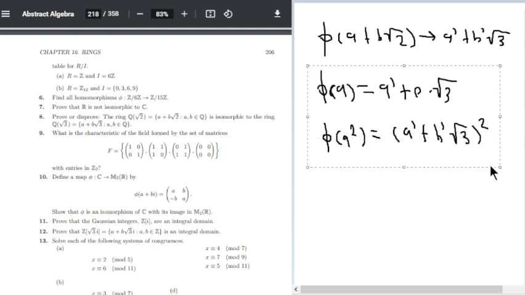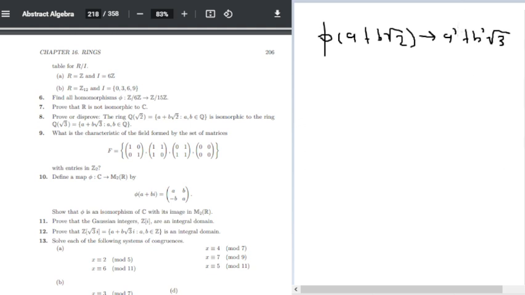Because I feel they're not isomorphic, right? Because square root of 2 satisfies... My brain is blanking hardcore. Okay. Oh, okay. I think I get it. So we have that phi of 1 will be equal to 1 no matter what, right?